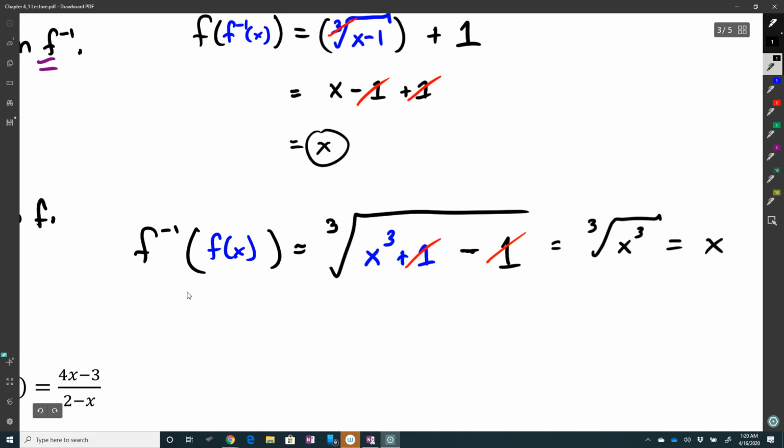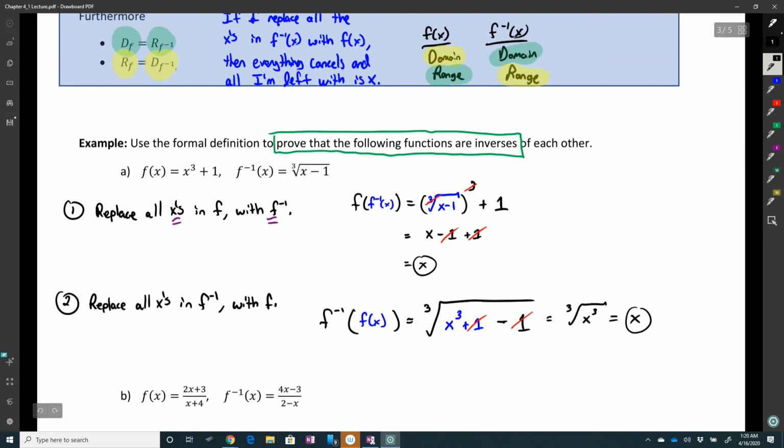And they do. And so since it worked both ways, then I can say therefore they are inverses.